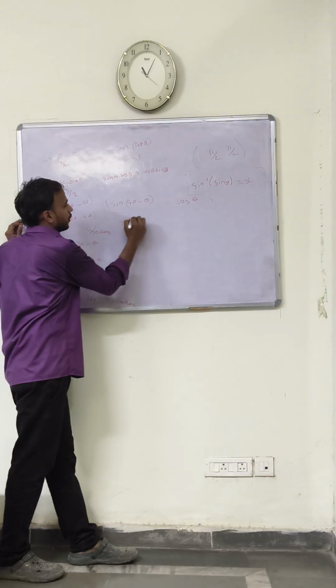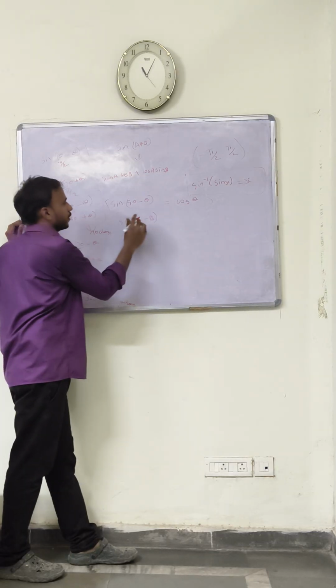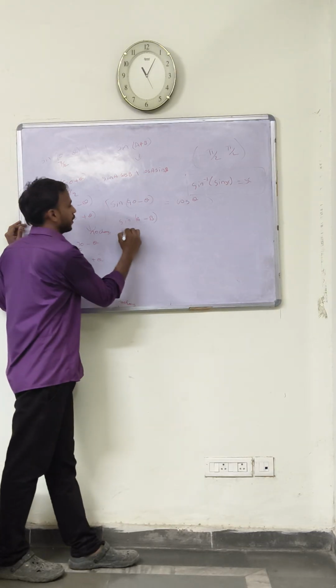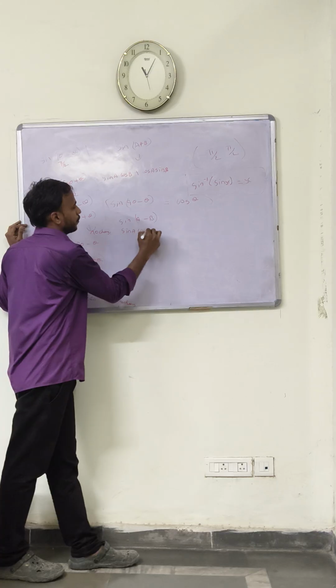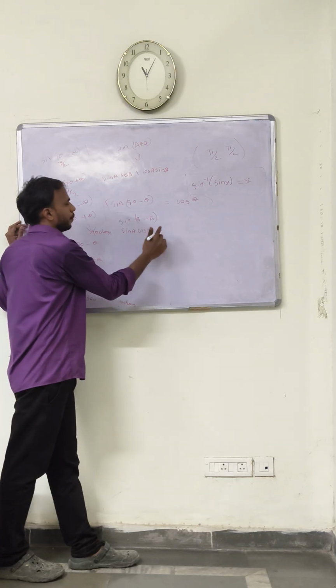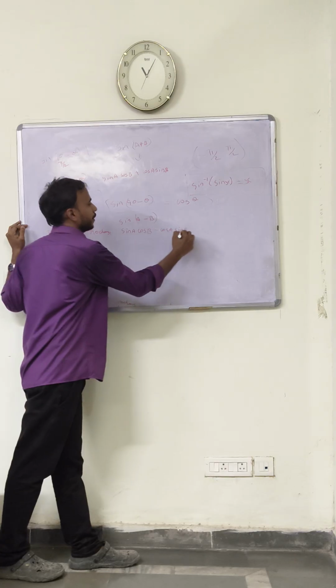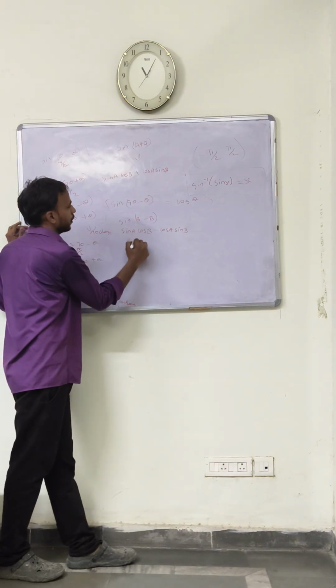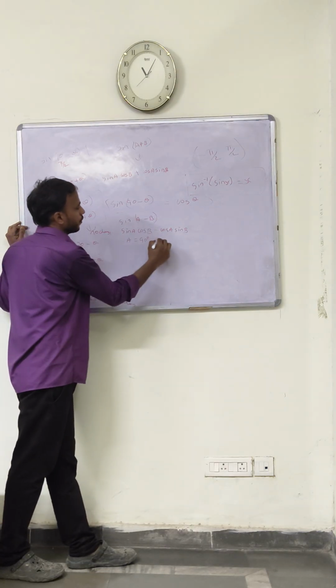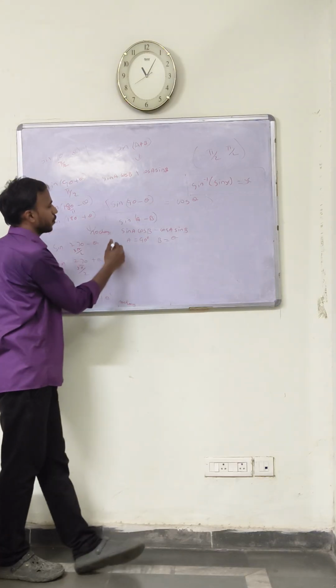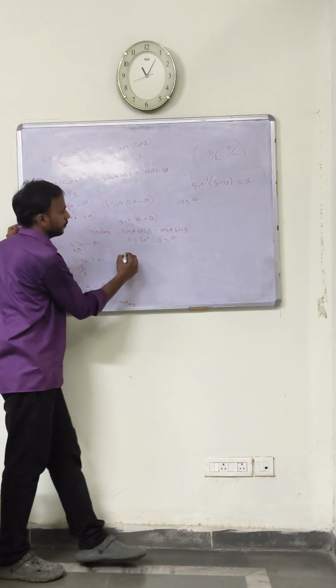Sin a minus b. You apply this: sin a cos b minus cos a sin b. So here a is equal to 90 degrees, b equal to theta. Now you can apply. What will come?